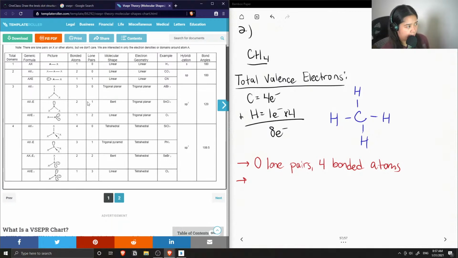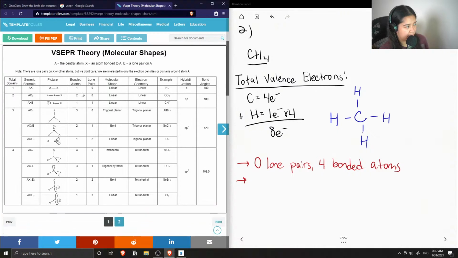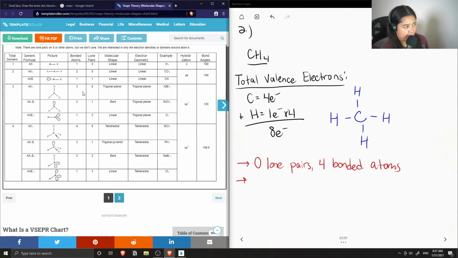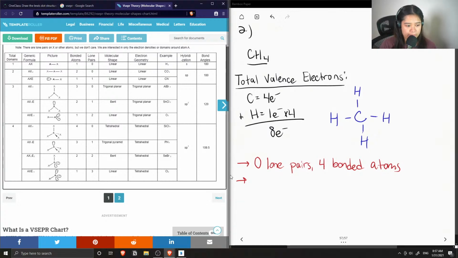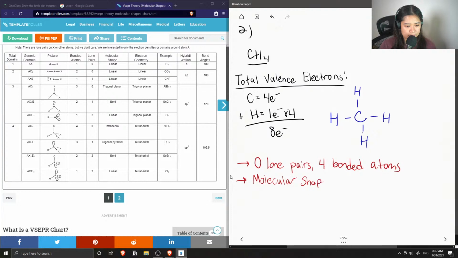Okay, so if we see by using this VSEPR theory table, when your central atom has 4 bonded atoms and 0 lone pairs, its molecular shape and electron geometry is tetrahedral. I'm just going to write molecular shape and electron geometry is tetrahedral.